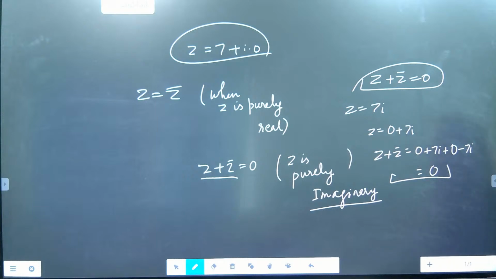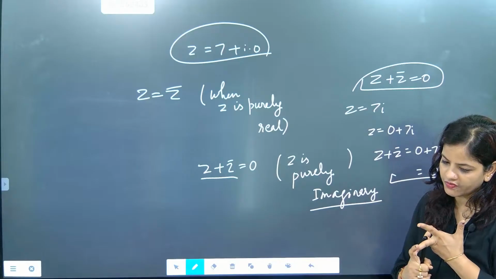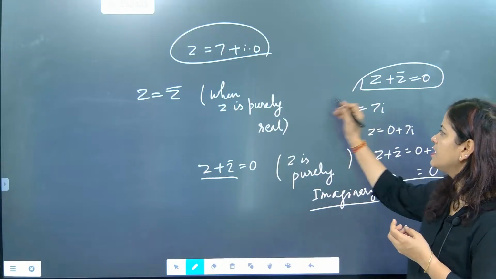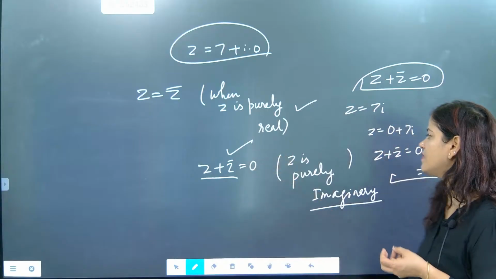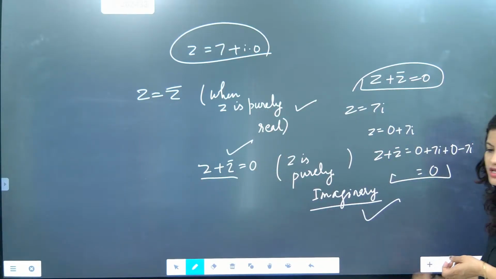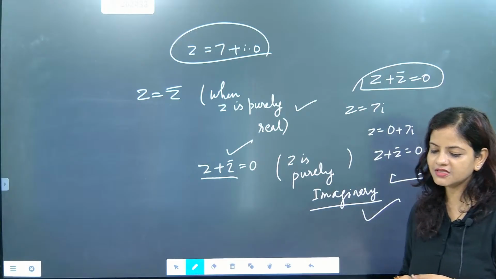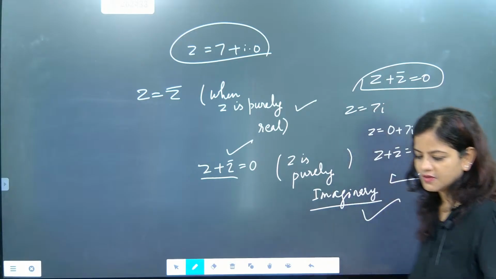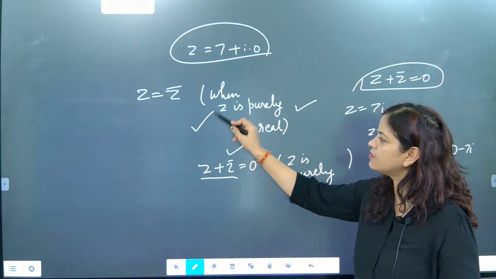This is exactly the part I discussed. So when z is equal to z bar, z is purely real. When z plus z bar is equal to 0, z is purely imaginary. So this is purely imaginary and this is purely real.